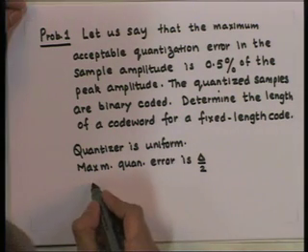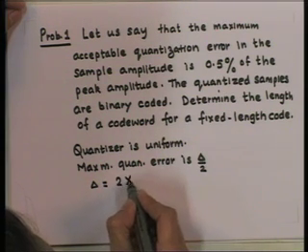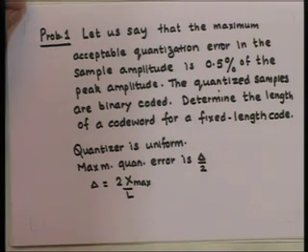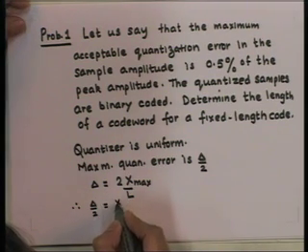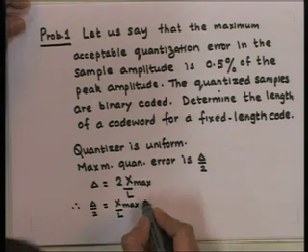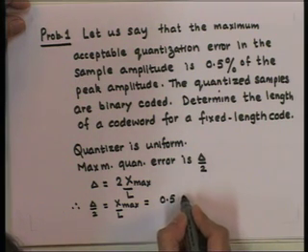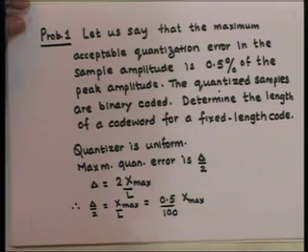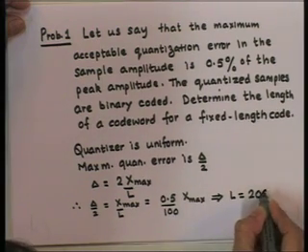Now, we also know that delta is equal to 2 x max by L for a uniform quantizer. Therefore, delta by 2 is equal to x max by L, and this is equal to 0.5% of the peak amplitude, that is 0.5 x max upon 100, which implies that L is equal to 200.